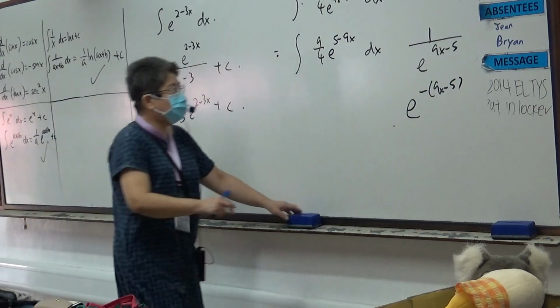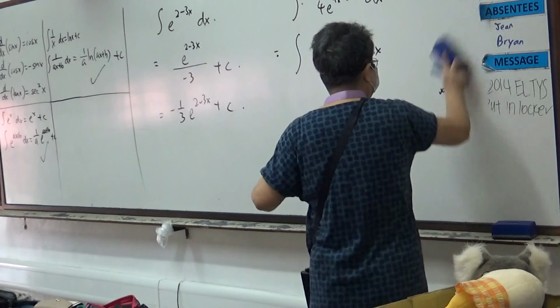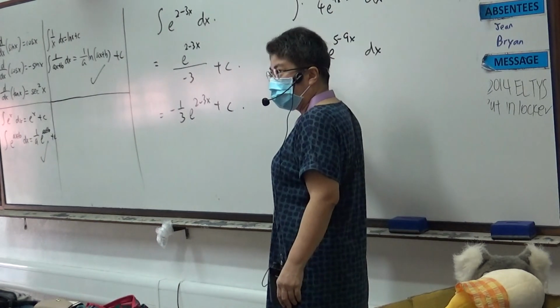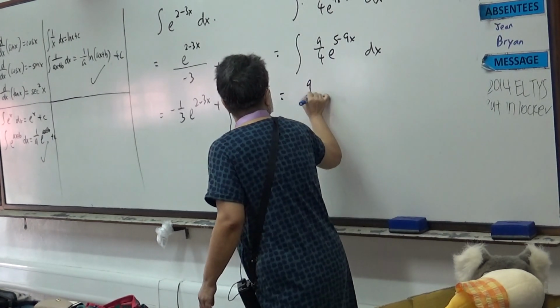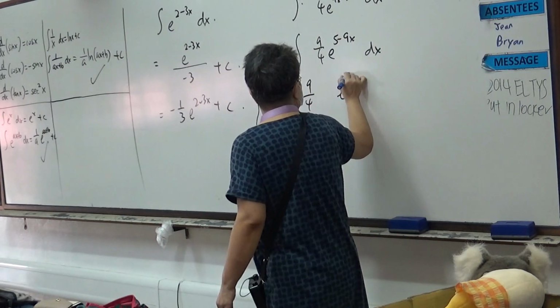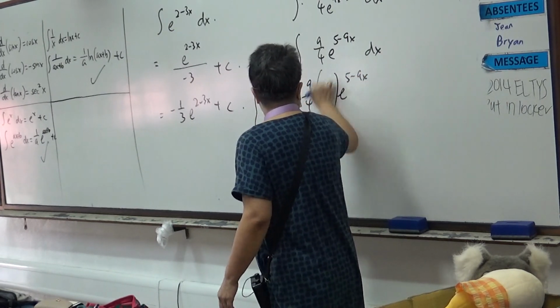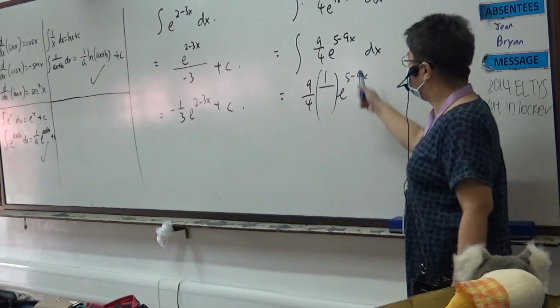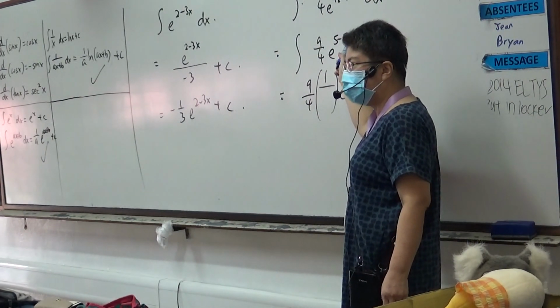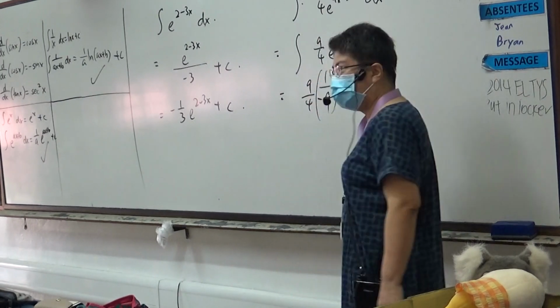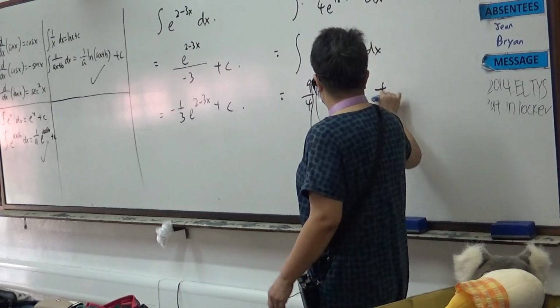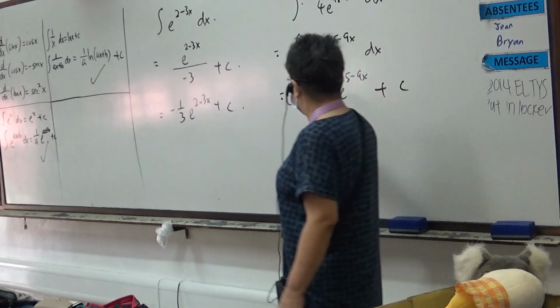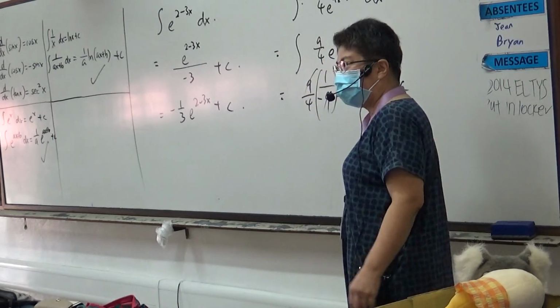Okay? So, when I am integrating this, the constant will remain. Am I right? The constant will remain 9 over 4. Then I write this down. Then I must put 1 over what? I must differentiate this. What does it give me? Negative 9. Can you see it? Then, of course, I must add c. Can you see this 9 and this 9 cancel off? So what does it give me?